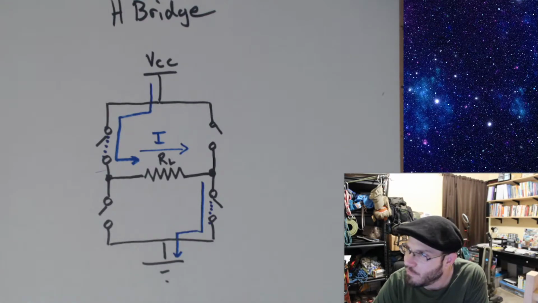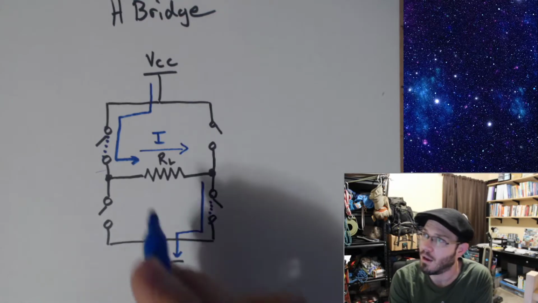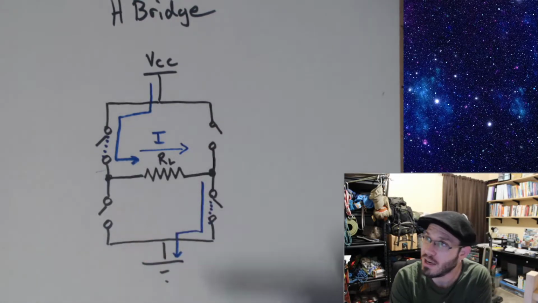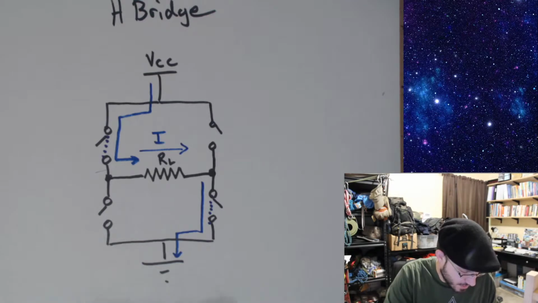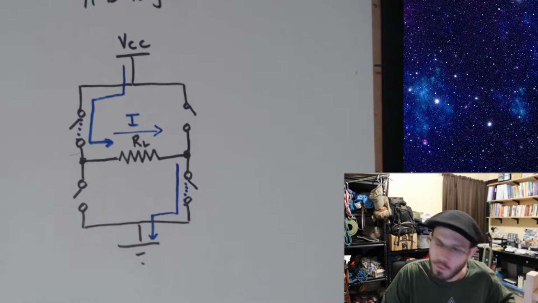Okay, what happens if I want to change the direction? Say this load is a motor. How do I make the current go in the other direction? Well, let me go ahead and draw it right next to it.